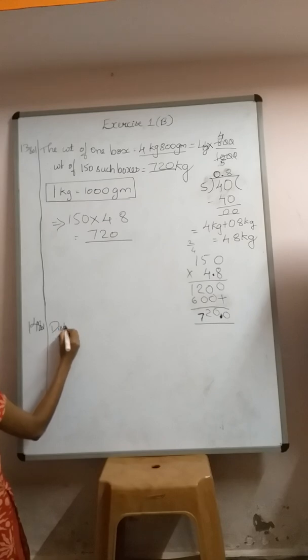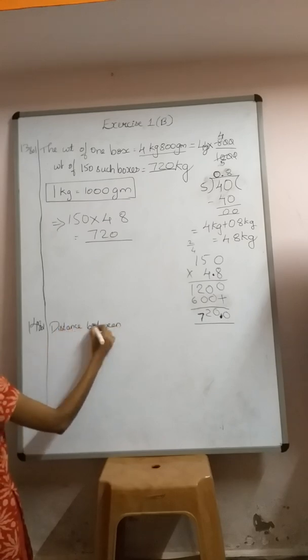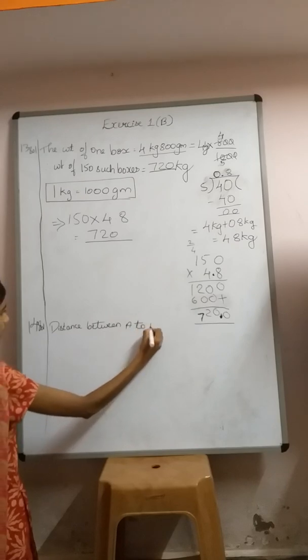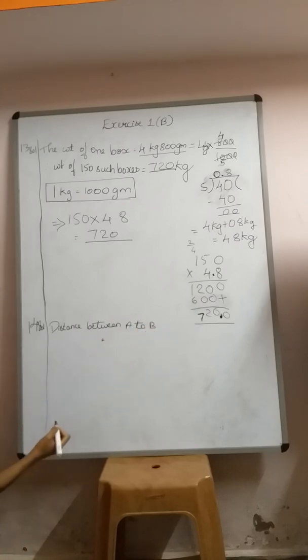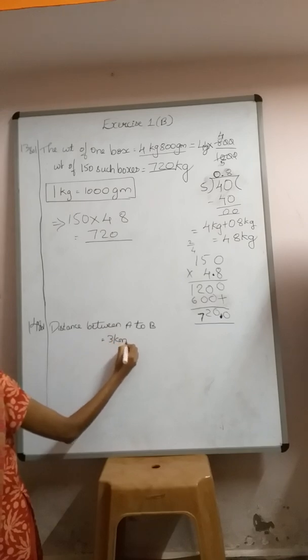Let us write distance between A to B equals to. What is the distance between A to B? 3 km 760 meter. Okay.